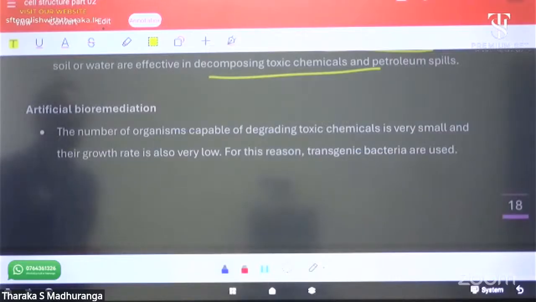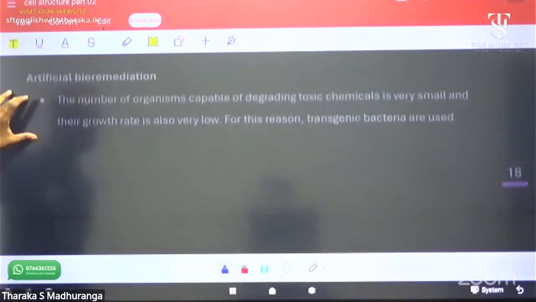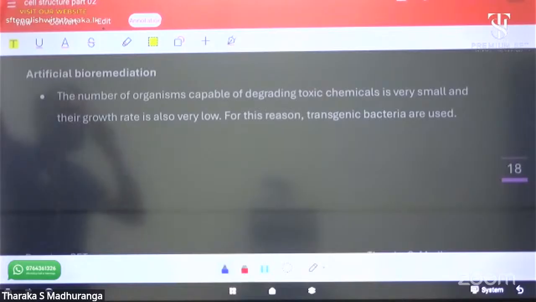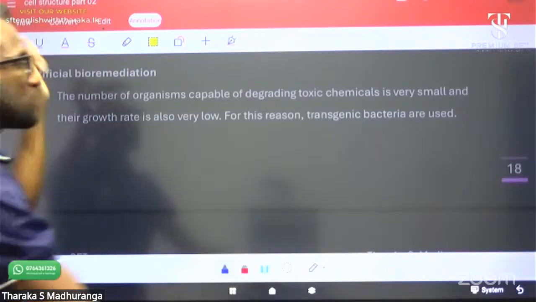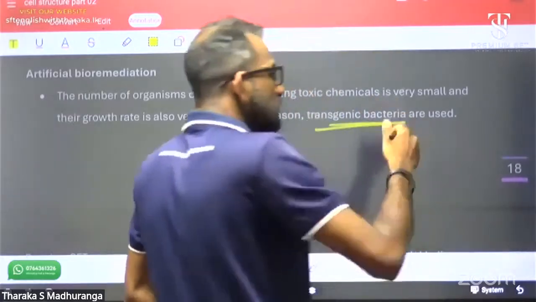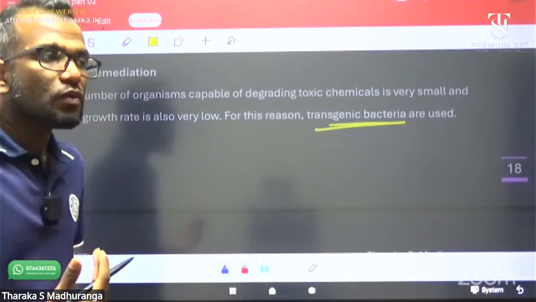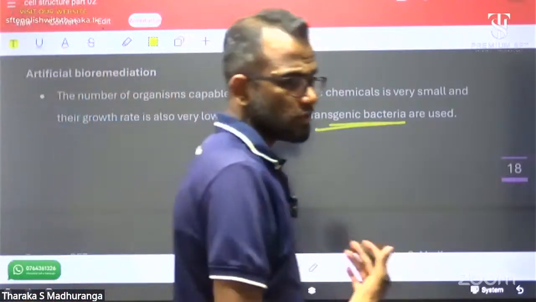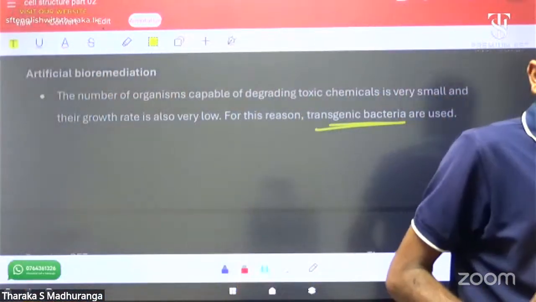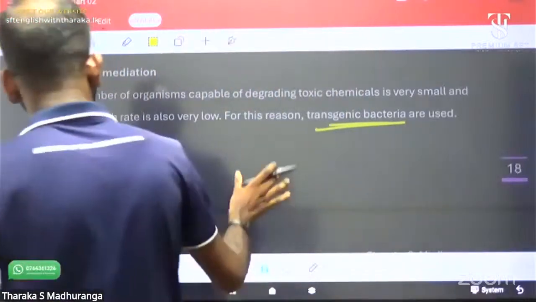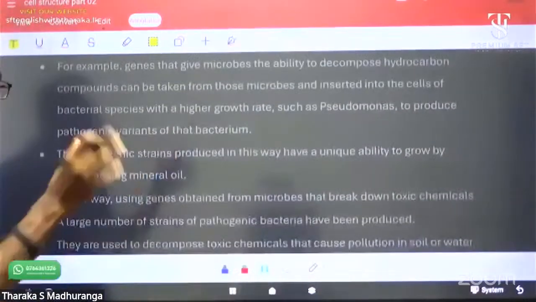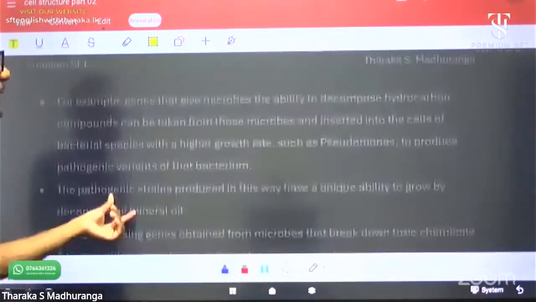The number of organisms capable of degrading toxic chemicals is very small and their growth rate is very low. For this reason, transgenic bacteria are used, made with genetic modification technology, which we call gene engineering. Genetically modified bacteria are produced with large capacity and long life.